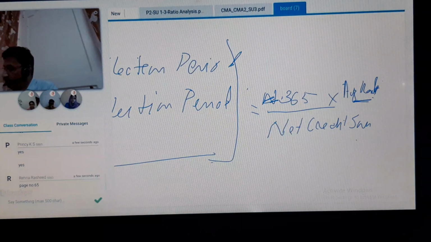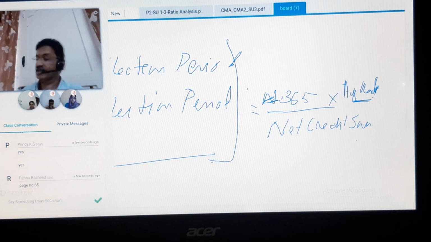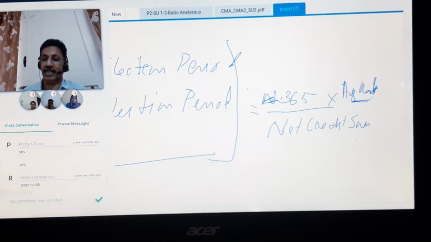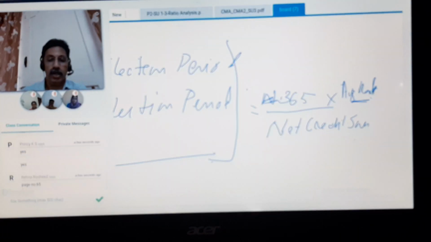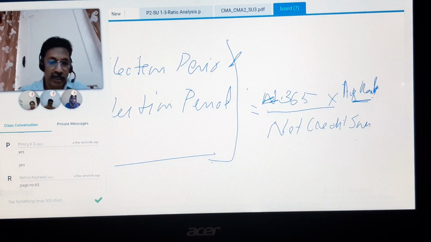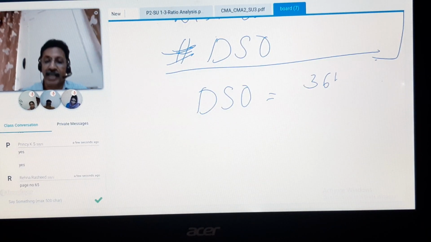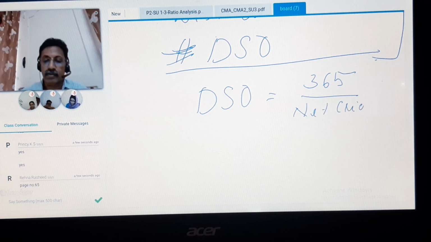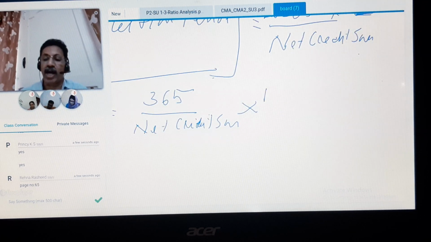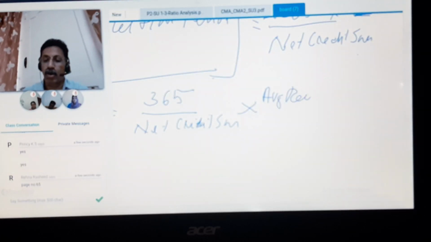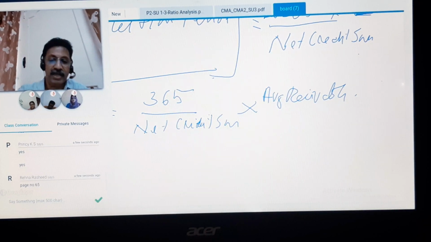But this form is not there. Page number 65 you have, but this form is not there. So from here, the DSO, days sales outstanding, is equal to, you have 365 days for net credit sales. So what is the period for average receivable or ending receivable? That is the average collection period, right?